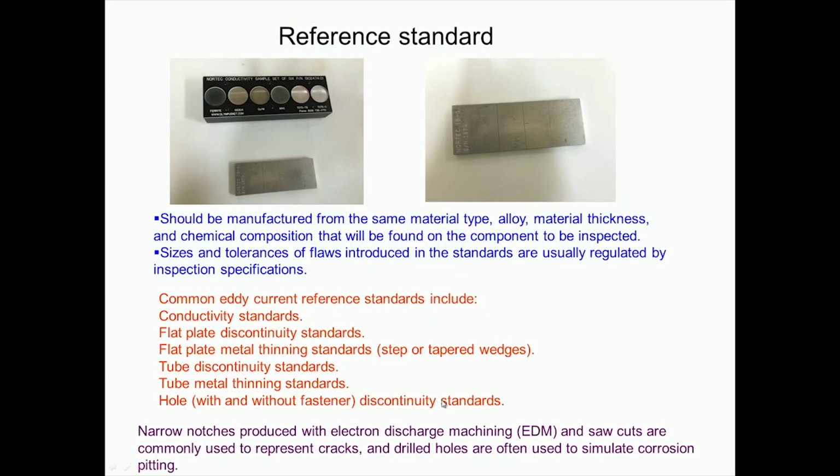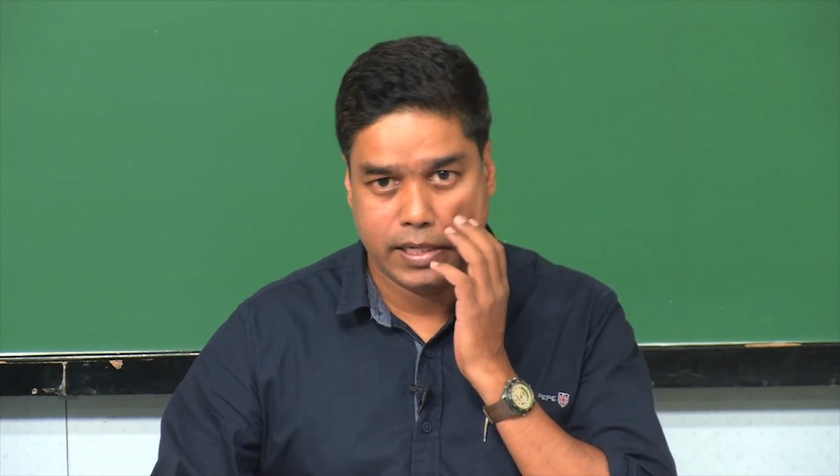So, if you are trying to inspect corrosion damage using eddy current testing, then you should also have these hole discontinuity standards, which will be used to replicate corrosion damage which leaves behind pits.